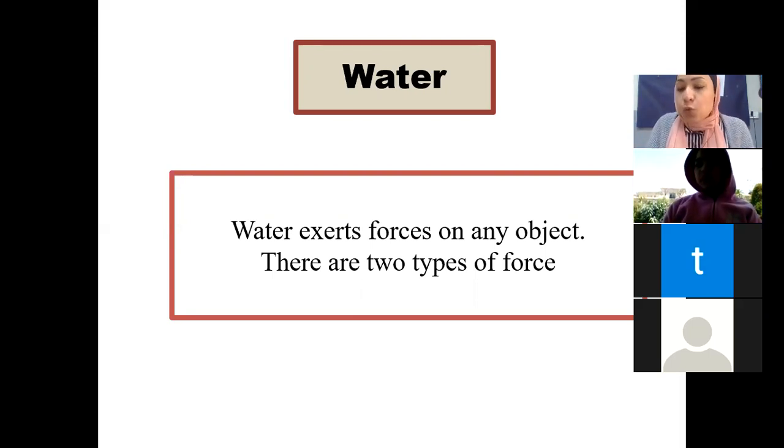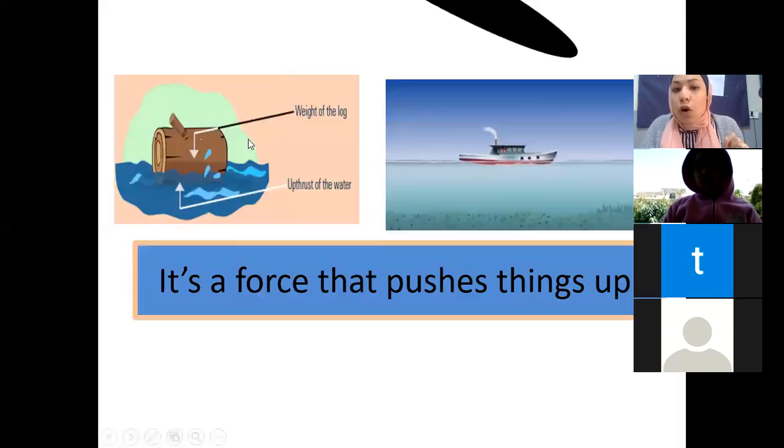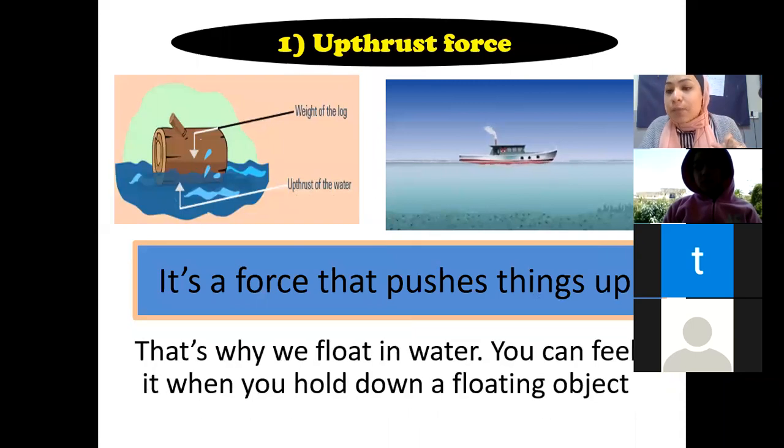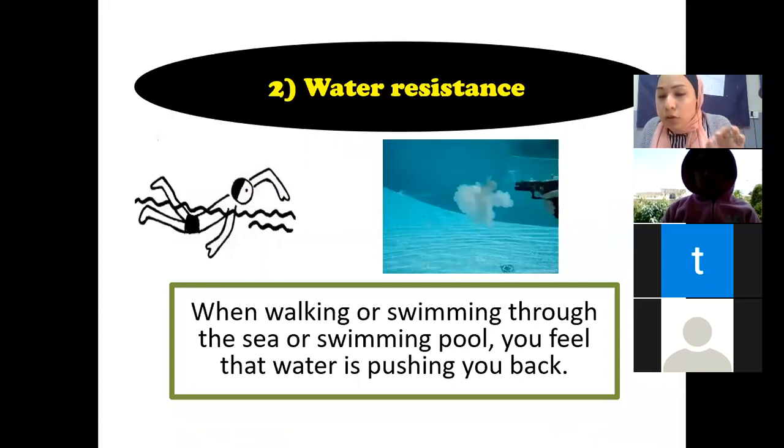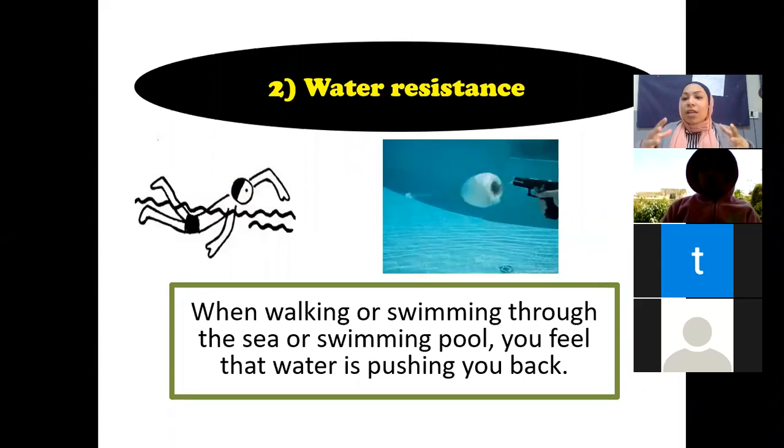But in this case, we do not call it friction. We call it another name. We call it water resistance. Let me just show you the water. Here you go. So we call it water resistance. It means that the water is resisting your movement.